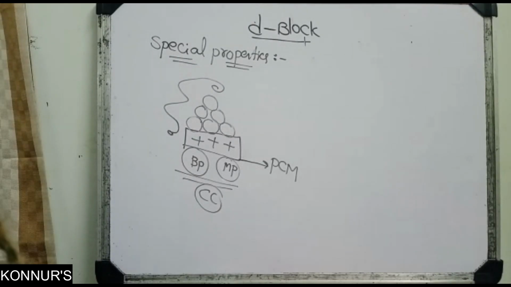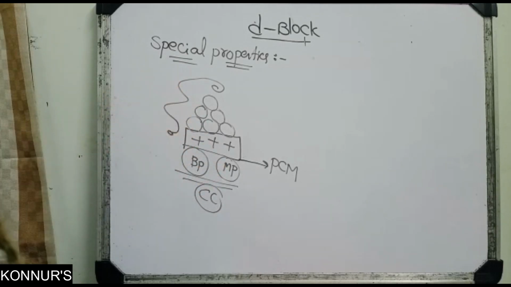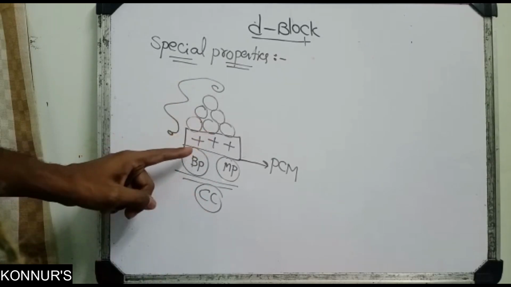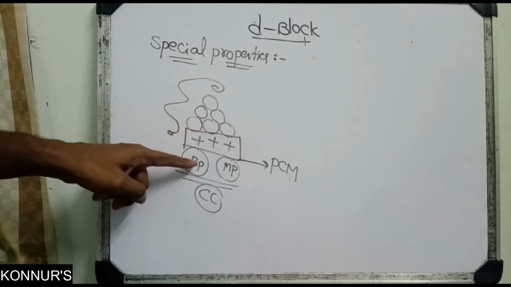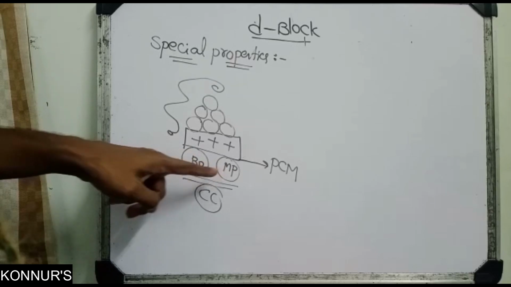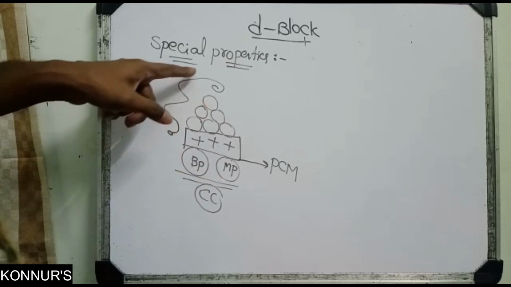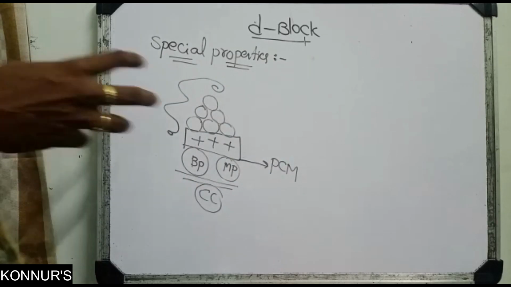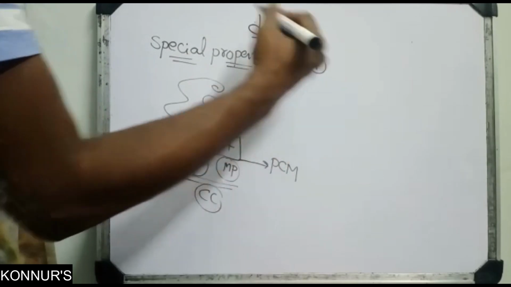See, it looks like this: our God's idol, the Jatre idol, in which the chariot is famous. You can feel that the chariot is made up of metals. Next, the wheels are there, that has BP and MP. Next, it is moving on the CC road. On the top of the idol, the umbrella is also there. Next, it is pulled by PCM students. Like that you can imagine, and all the properties will be completed, one by one.